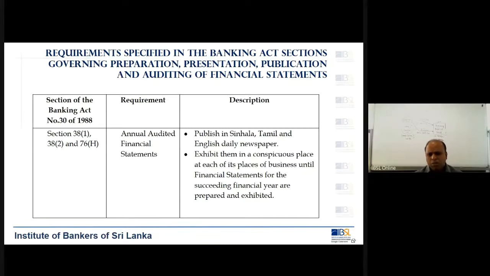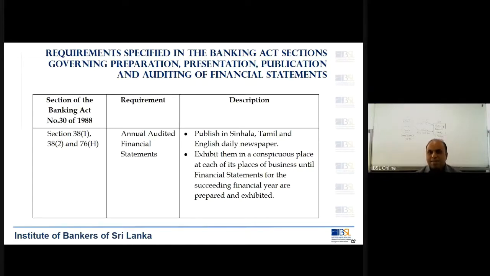Then it also talks about exhibiting them in a conspicuous place at each of its places of business until financial statements for the succeeding financial year are prepared and exhibited. Now, this is very important. In every branch of a particular bank, they have to display their last audited financial statements, where the customers, when they come into the branch, can see it.